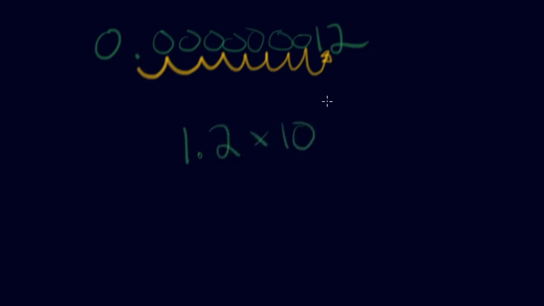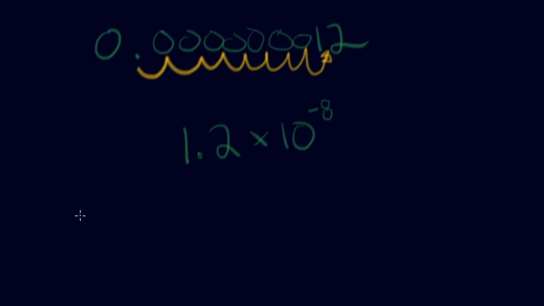Now if I said to the 8th, I can understand that. But ask yourself, is this a big number or a small number? It's a small number. So it's times 10 to the negative 8. There are some rules I could teach you, but let's just put it into kids' perspectives.